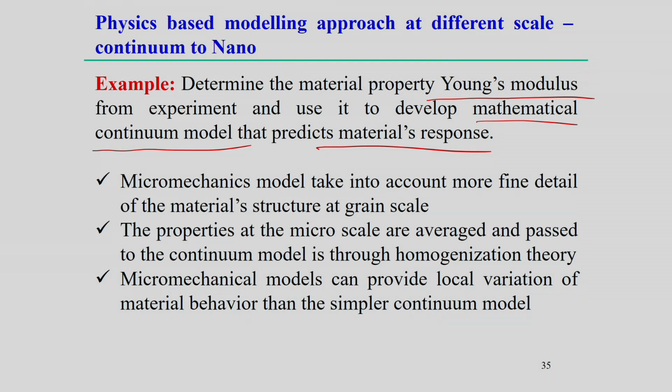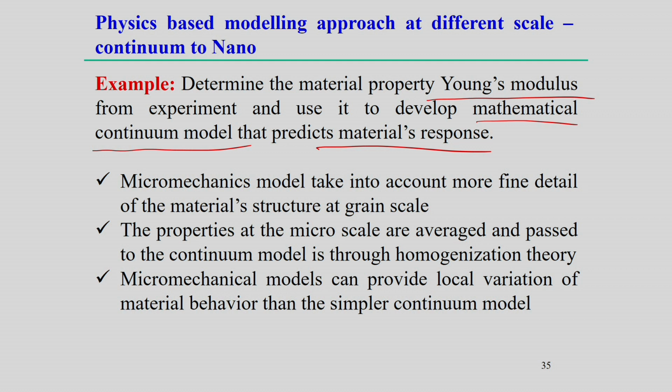If we conduct the experiment in different directions, we get anisotropic behavior, that means different values of E in different directions. But when we do the macro scale experiment on the tensile specimen, we apply load in one single direction, and in that direction that is the value of the Young's modulus, and we assume in most cases it is a homogeneous structure from the macroscopic point of view.